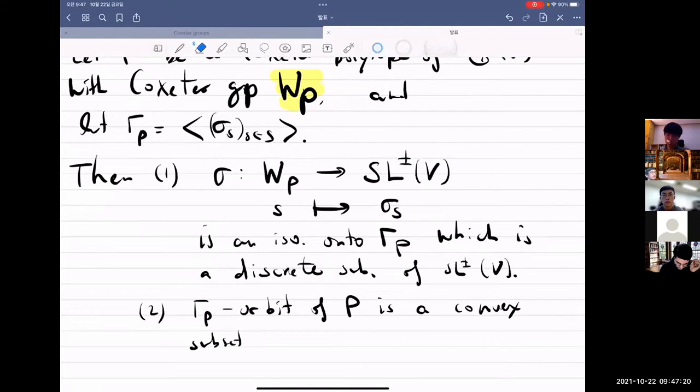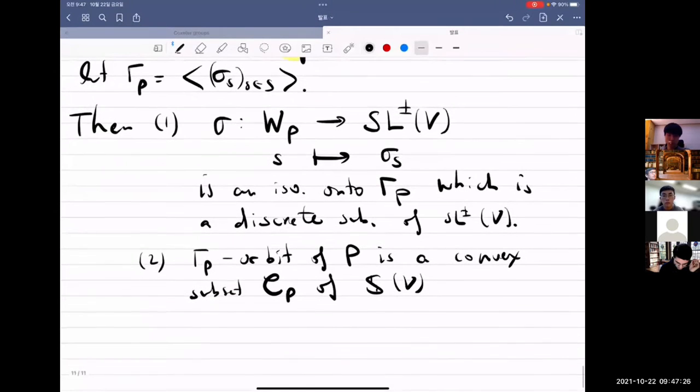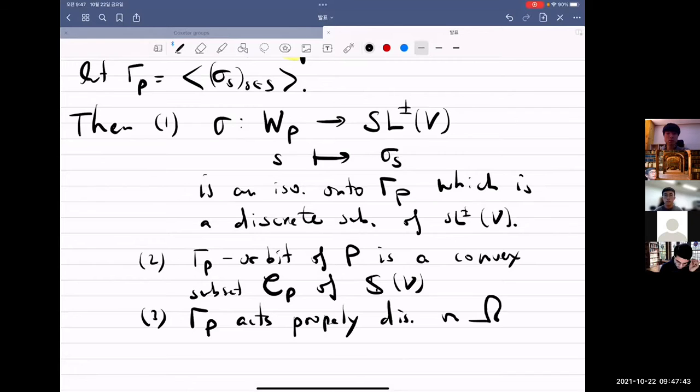I denote the convex subset by CP in S(V). And then if I take the interior of this convex subset, Gamma P acts properly discontinuously on Omega P, which is the interior of CP.